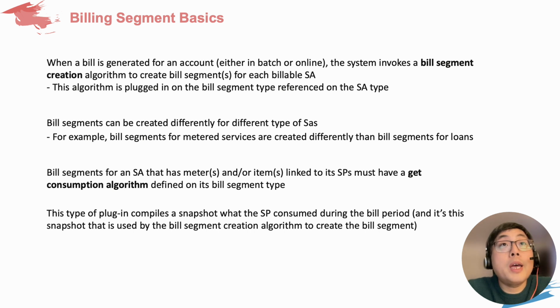A bill segment for an SA that has a meter or item linked to its SP must have a get consumption algorithm defined on its bill segment type. That's another plugin spot. Normally this get consumption algorithm will create a usage object, and the usage will actually request consumption.